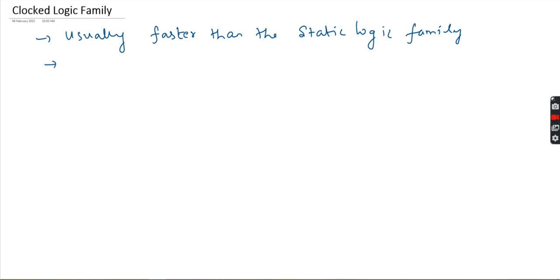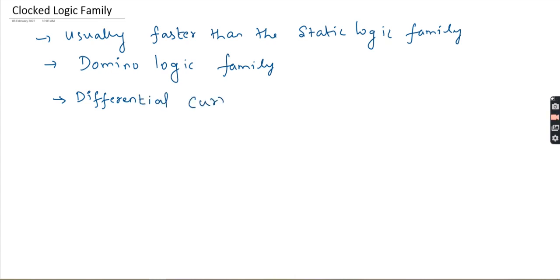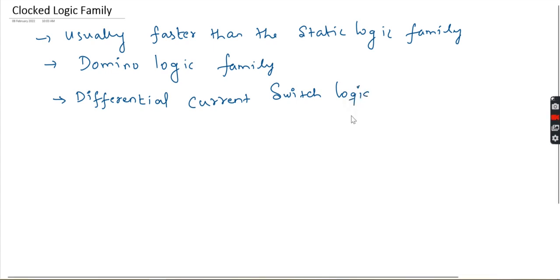So first let us discuss the domino logic family. Then the second logic family is the differential current switch logic, or DCSL for short. Both have better power delay product than the domino circuits due to the low internal node voltage swing, and may have the possibility of larger fan-in logic gates.